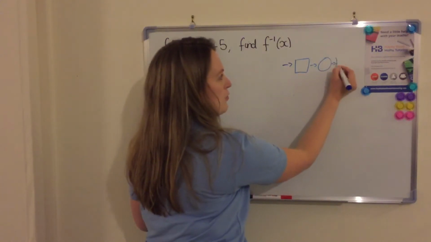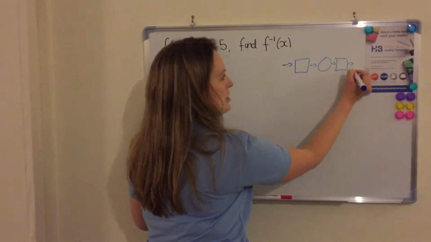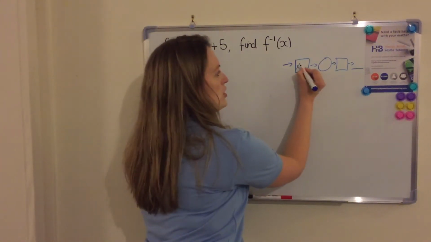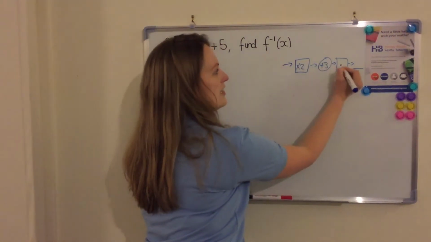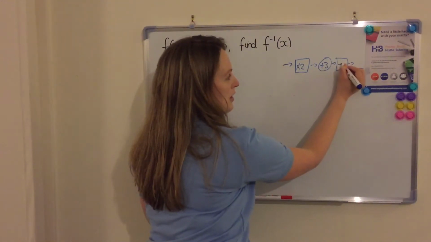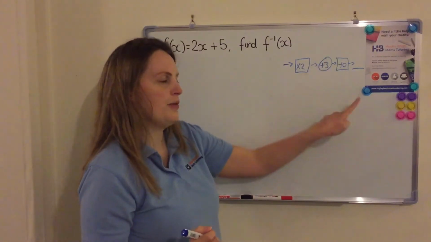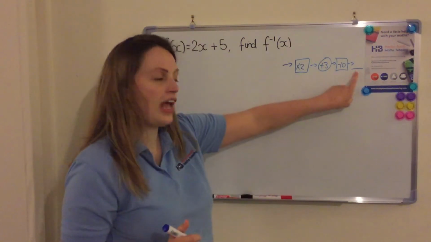They were usually quite bright and colourful, and then you'd have an output there, and it might say something like times by 2, then plus 3, and minus 10, and you'd put your input in and you times it by 2, add 3, take away 10, and then you get your output.